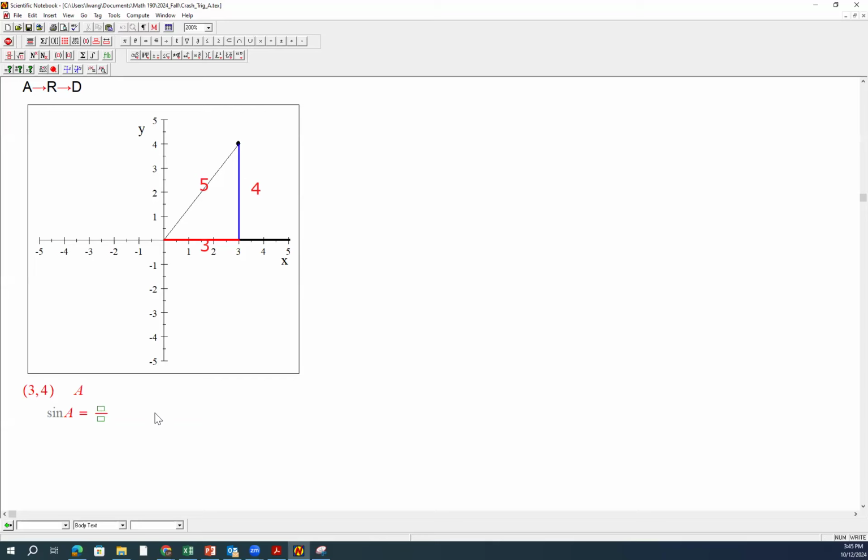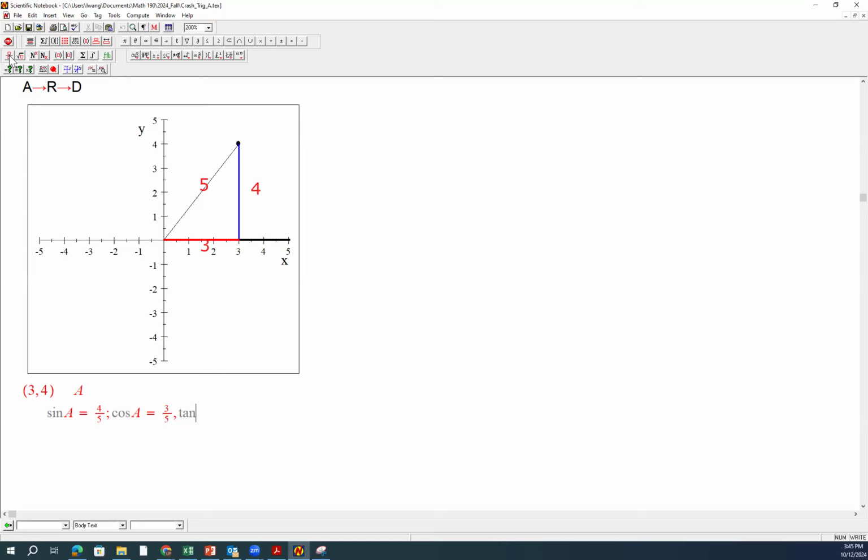Sine of A is y over hypotenuse, which is going to be 4 over 5. Cosine of A is going to be the red over hypotenuse, so 3 over 5.